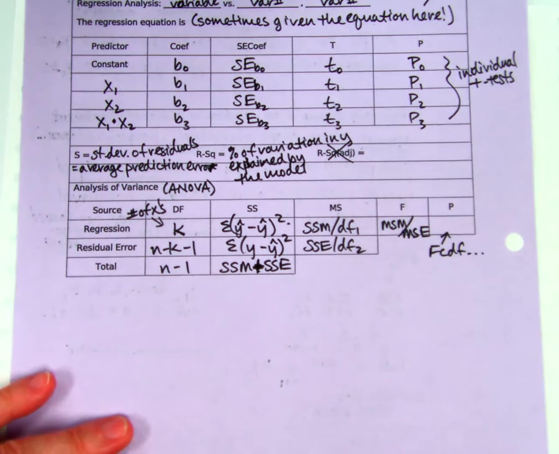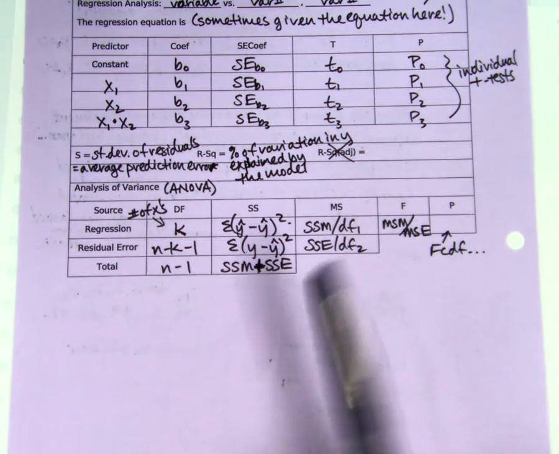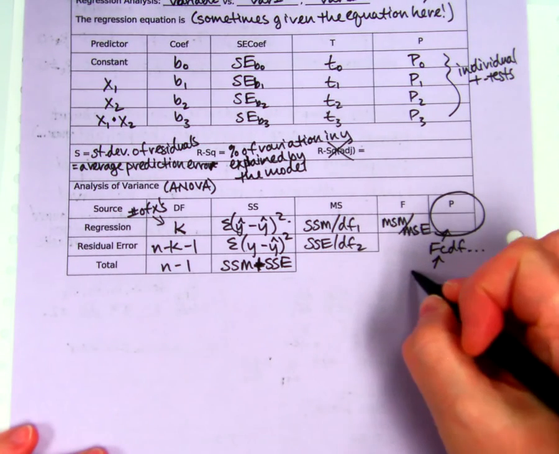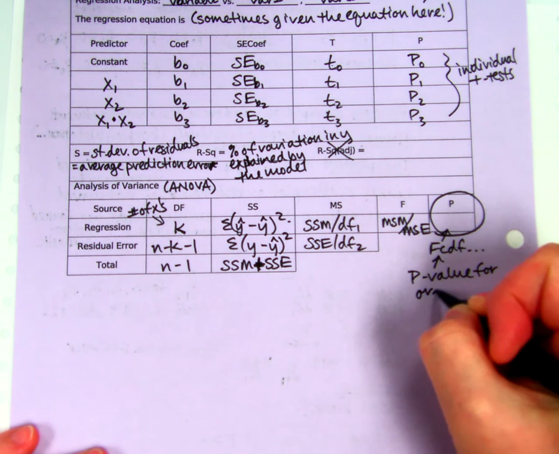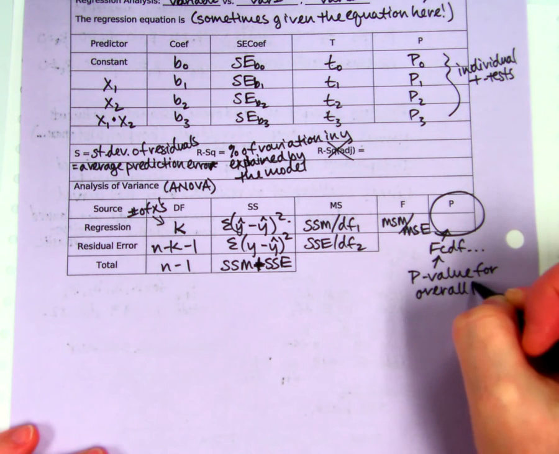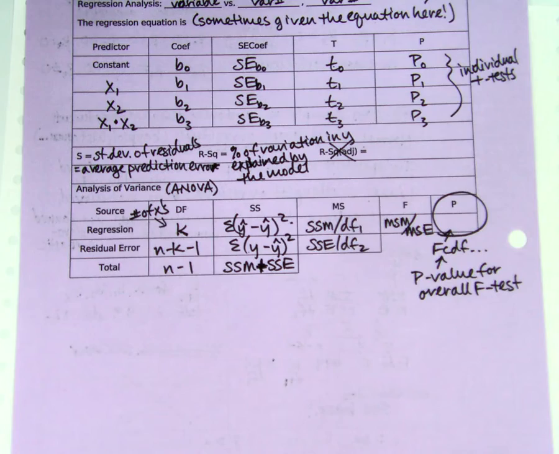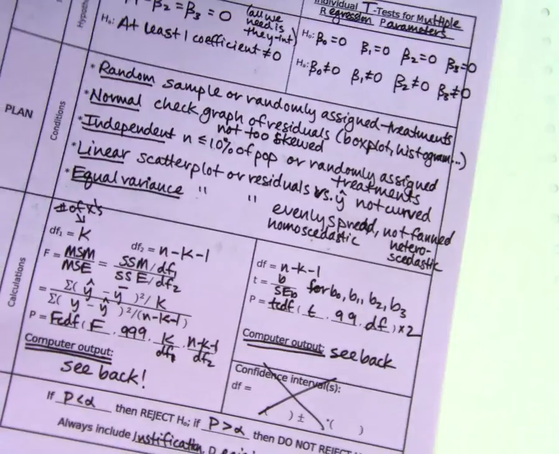And I'm not going to write that out again, but the most important thing that you need from this table is the p-value. This piece right here is the p-value for the overall f-test, which I will probably ask you to interpret. Overall f-test p-value.